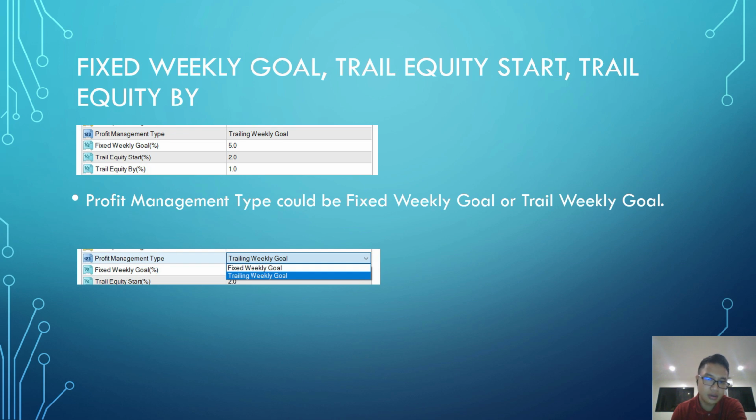So the fixed weekly goal is simply, if you set it to 5%, when in a week you reach a profit of 5% already, it will stop trading for you. So the faster you get out of the market, the better, because you'll never know what will happen during Thursday, Friday. Especially Thursday, Friday, we don't want to trade during those days.